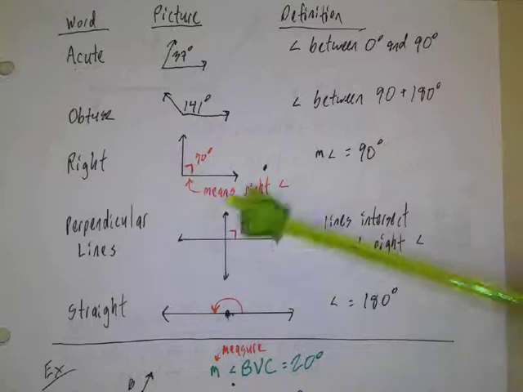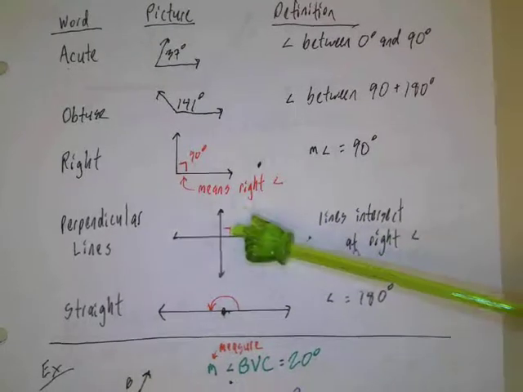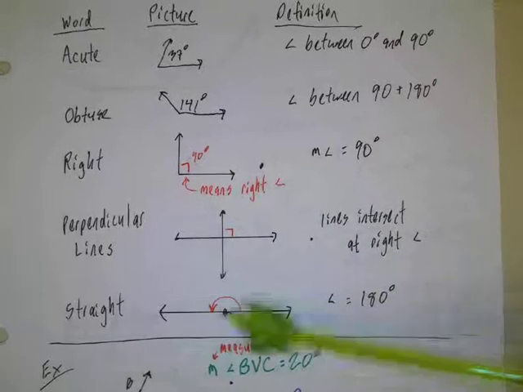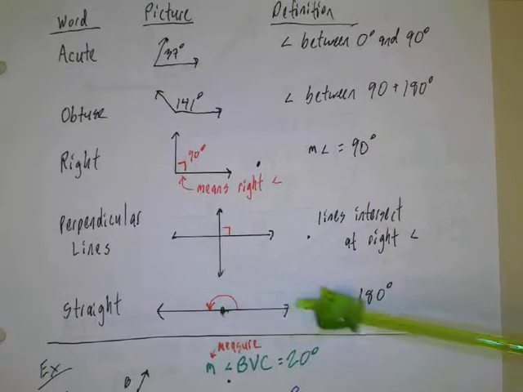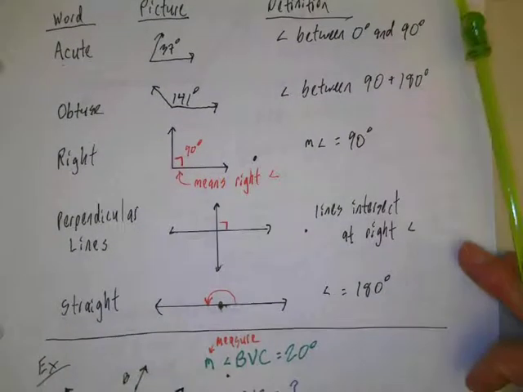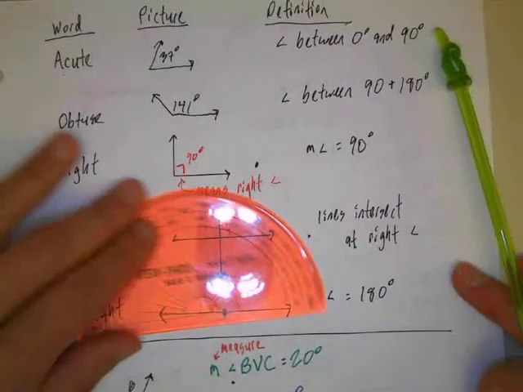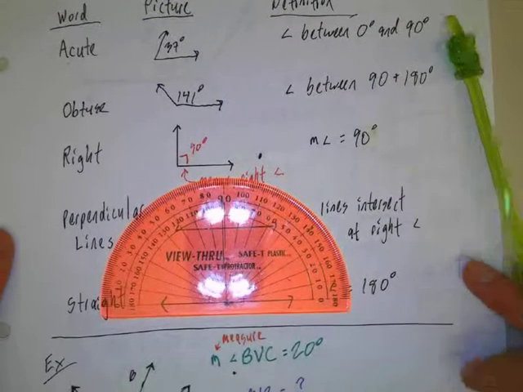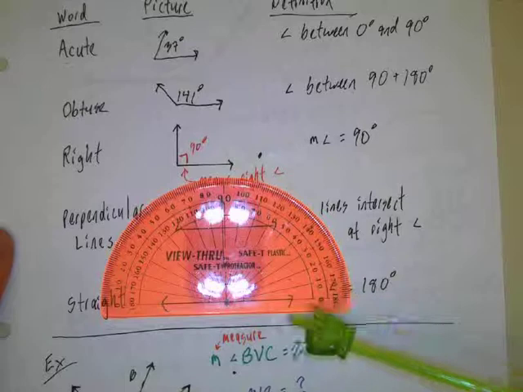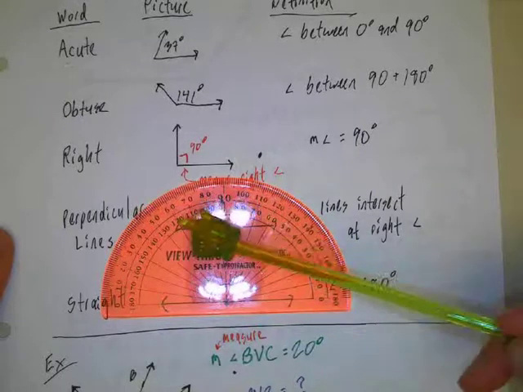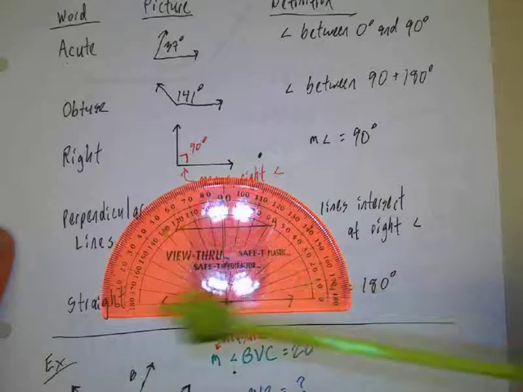We have perpendicular, which means 2 lines that intersect and make a 90-degree angle, and a straight angle, which is essentially a straight line, and it's 180 degrees. One way to remember that, because students have trouble with that, is to realize that a protractor is 180 degrees. So if you start here and go all around, 0 all the way to 90, 100, 110, 120, all the way to 180, it works out.